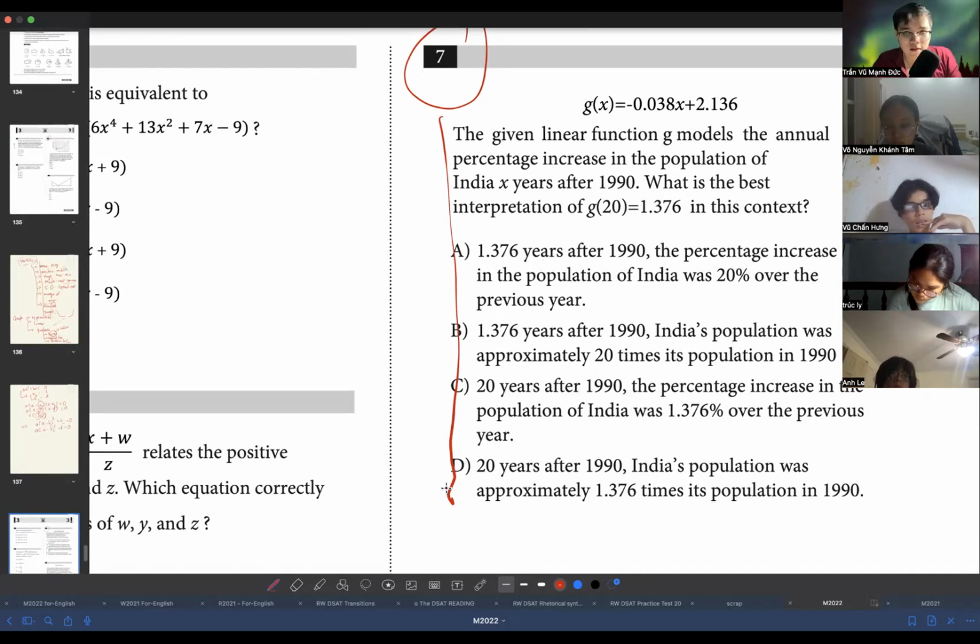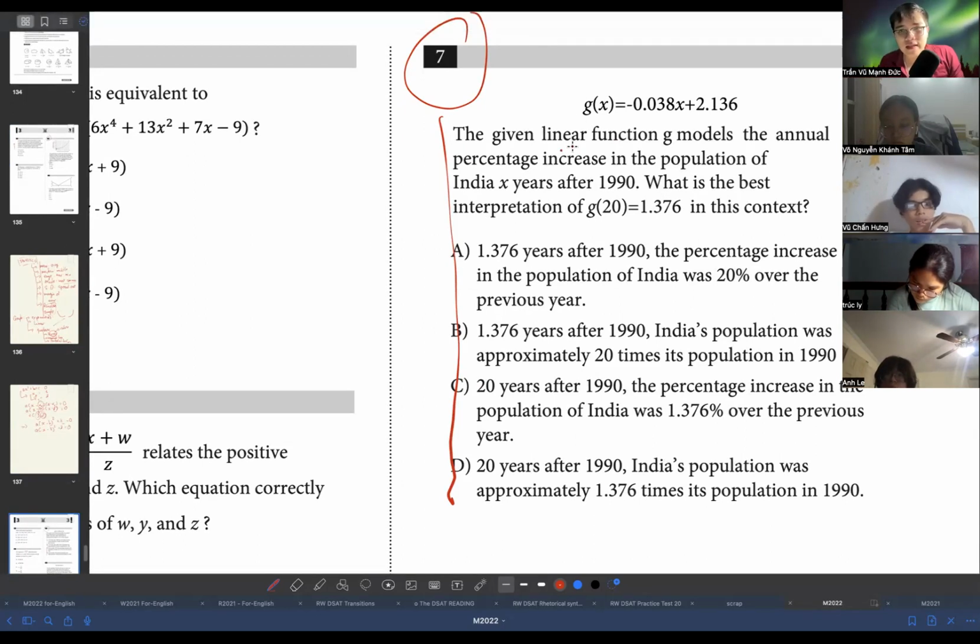Okay, let's check. This linear function gives the annual percentage increase, and you chose times. Let's see. The result of this equation will be the annual percentage increase in the population of India X years after 1990. So if I plug 20 in, X will be 20.